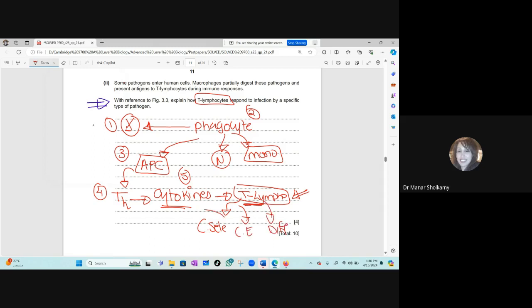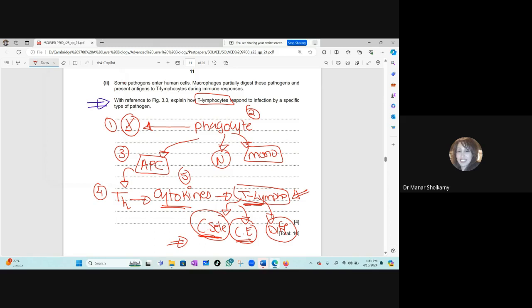In clonal selection, we will select which T lymphocyte has a complementary receptor. After we select it, it will multiply by mitosis, and this will be clonal expansion. It will make more and more and more. And then it will differentiate.